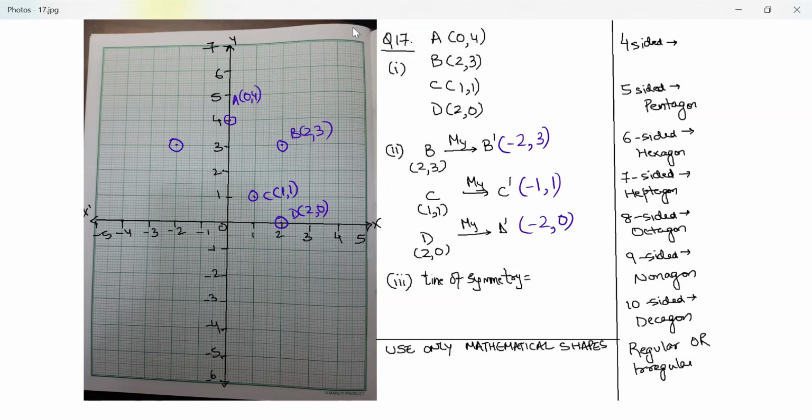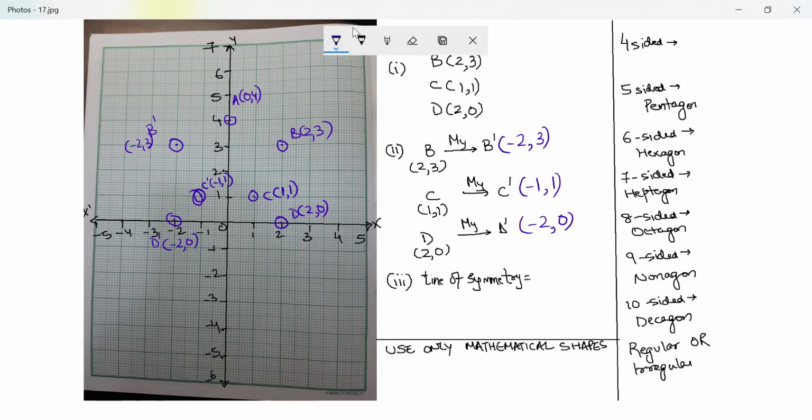C will be -1, 1, and D is -2, 0. This is B dash -2, 3. This is C dash -1, 1, and this is D dash -2, 0.